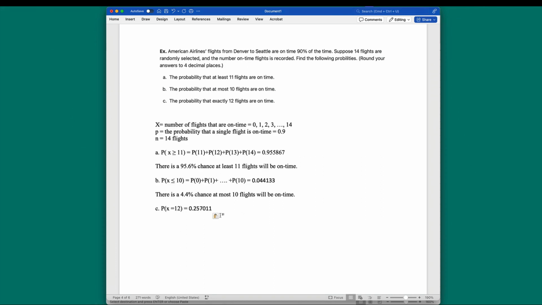So we can say there is about a 25.7% chance that exactly 12 flights will be on time.